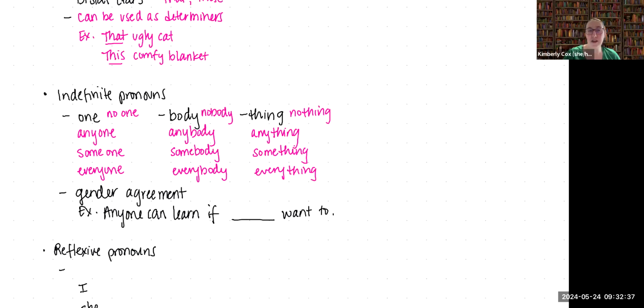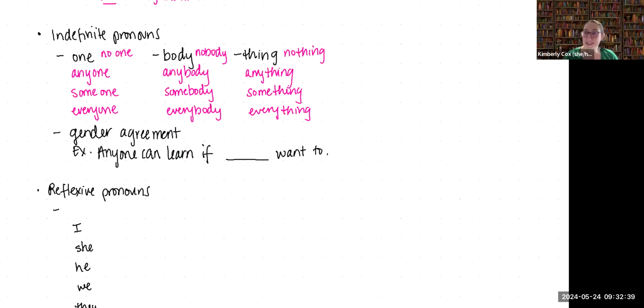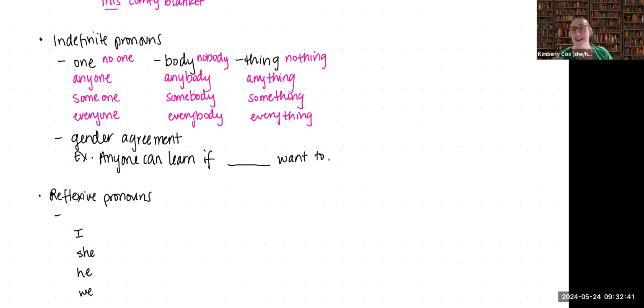In terms of gender agreement with indefinite pronouns, I'm going to come back to talking about the singular form of they. If I said anyone can learn if blank want to, what would you put in there? My guess is that you would probably say they, because it would be very cumbersome to say anyone can learn if he/she or she/he or she or he, right, want to.